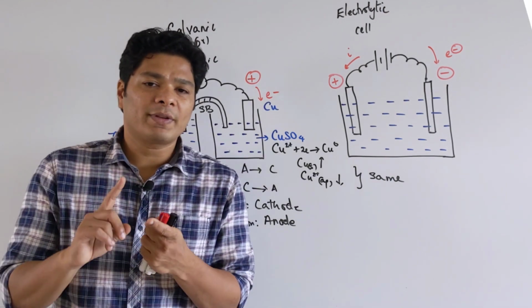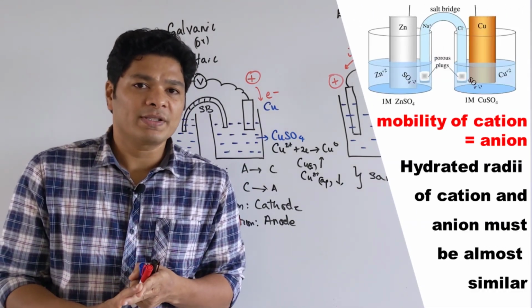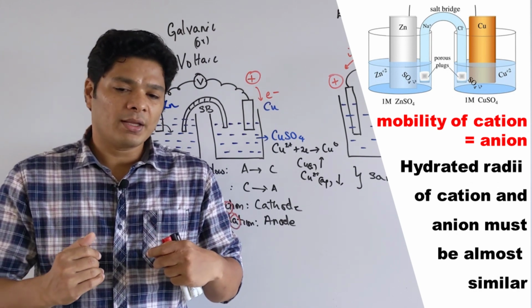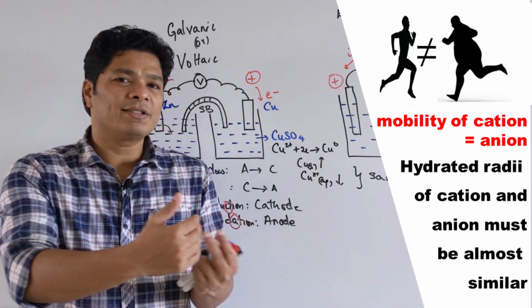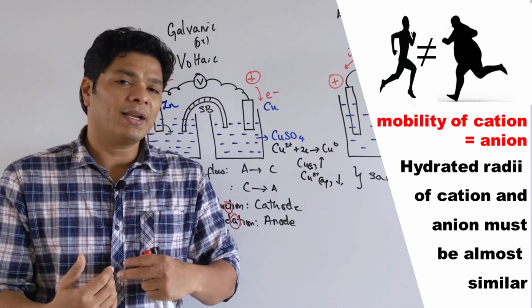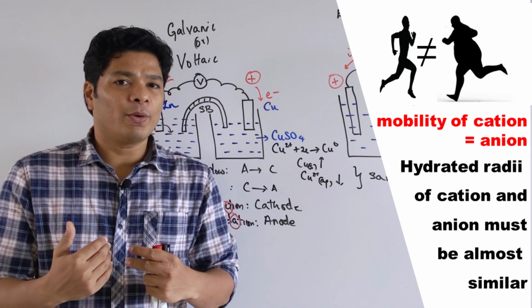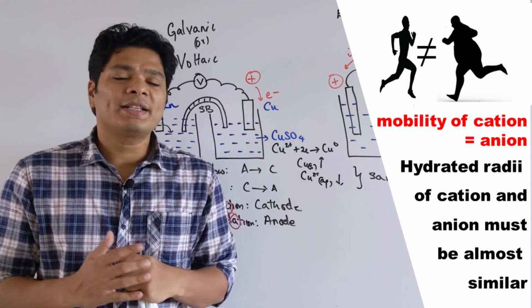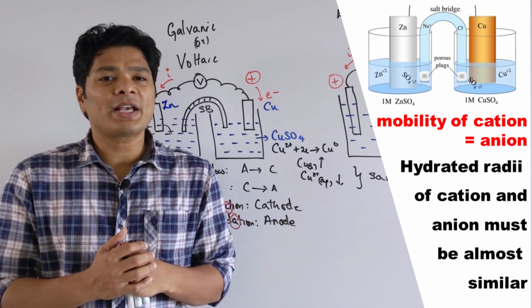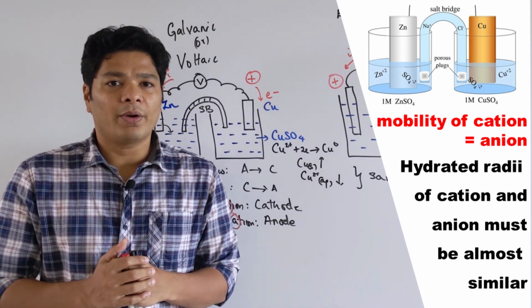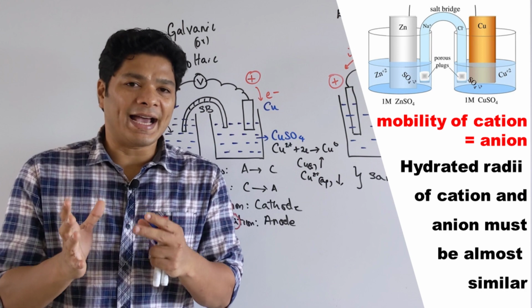So the mobility of the cation and the mobility of the anion has to be the same, meaning they have to be about the same size. Imagine that you are taking the positive charge and somebody else is taking the negative charge. You are smaller, you can take more than the negative person can. So that is not going to be okay. So they are about the same size in the sense you want to remember same hydrated radii of the ions, not the ionic size as it is.